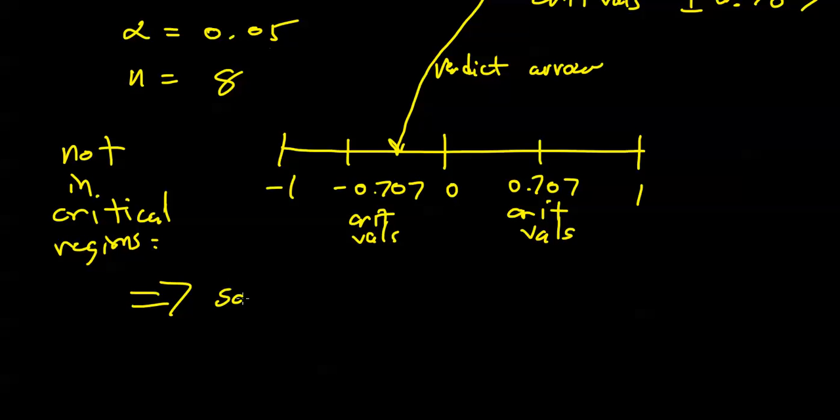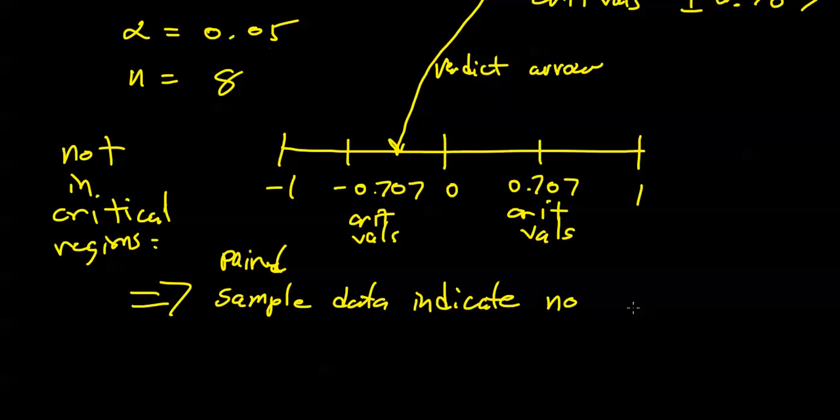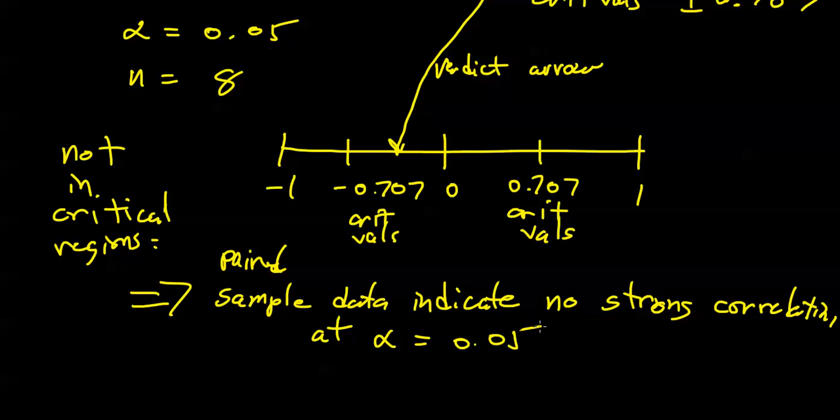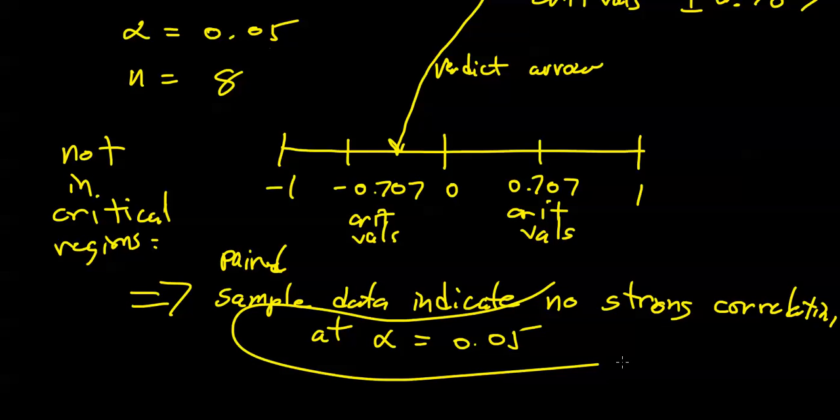The sample, interpretive statement perhaps, my paired sample data indicate no strong correlation between the heights of winners and runners-up in presidential elections at alpha equals 0.05. So the long and short of it is no strong correlation indicated at alpha equals 0.05.